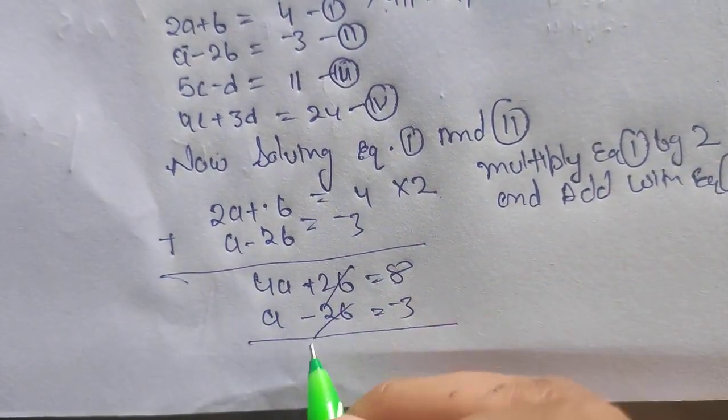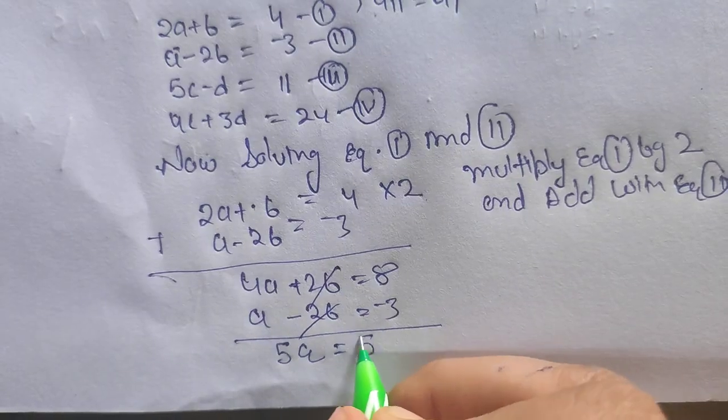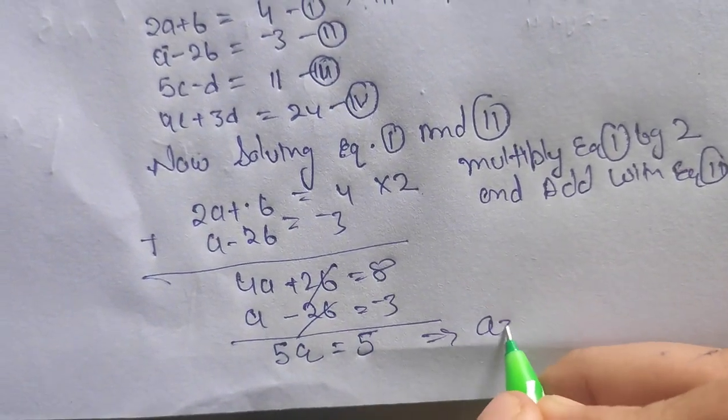Add together, both are cancelled, this becomes 5a equal to 5, so we get a is equal to 1.